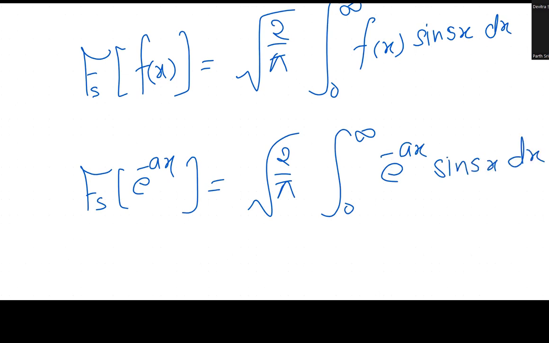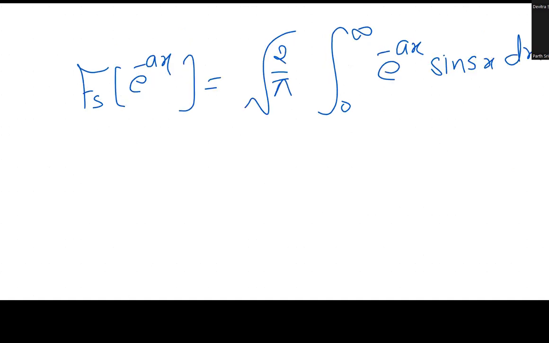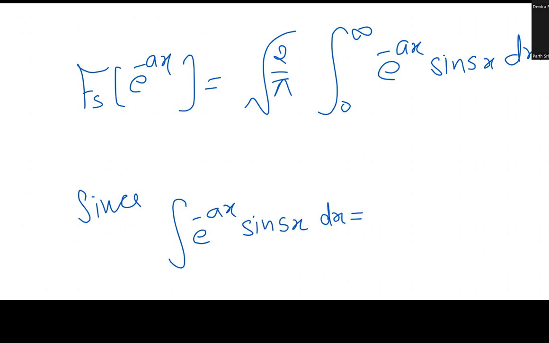And by using the formula of integration, I'm taking it directly: the integration of e to the power minus ax into sine sx dx is equal to, let us use the formula now, instead of a, we are taking minus a, and inside we will take a minus a because a is minus: sine sx minus s cos sx. Because we are doing it for definite, we take it with limits.